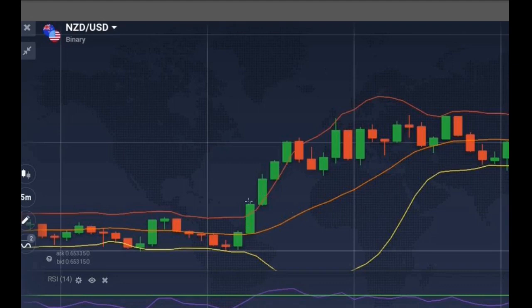Okay, so you are looking for a strong trend, either up or down, and the trend must cross the RSI 70 level, and the price must also cross and move out of the Bollinger Band.